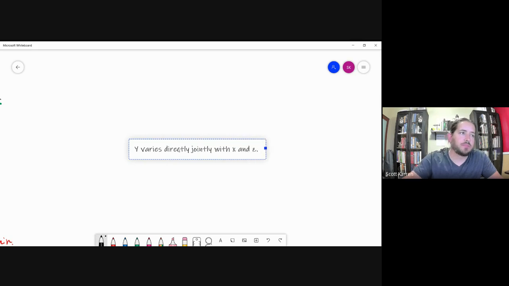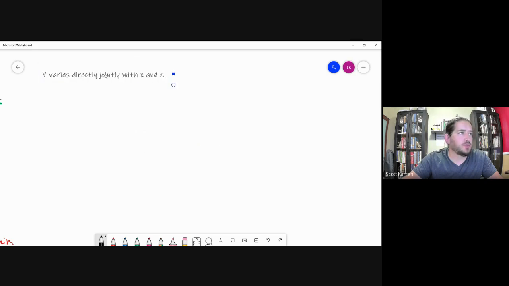Right? So if you see something where it varies directly jointly with x and z, this means that your equation is going to be y equals k times x times z.